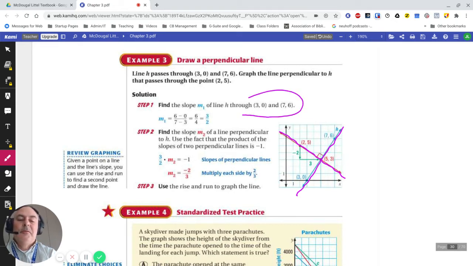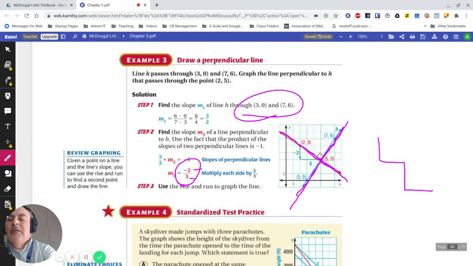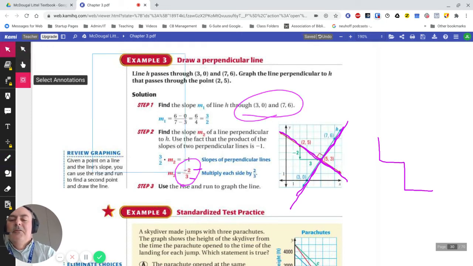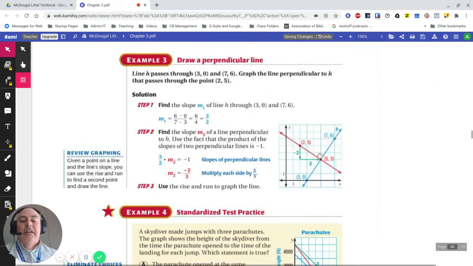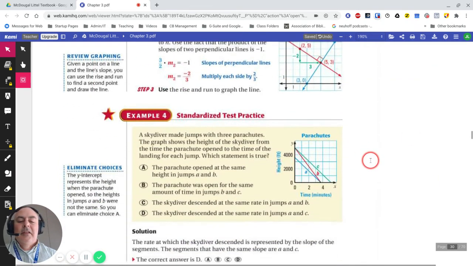And so I found the slope of my first line, I do the negative reciprocal, and then I can map out by going down 2 over 3, down 2 over 3. Change in y, change in x, and then this is my second perpendicular line, and that was my original line. So I can use my slopes to help me map out what I need in terms of the various lines.